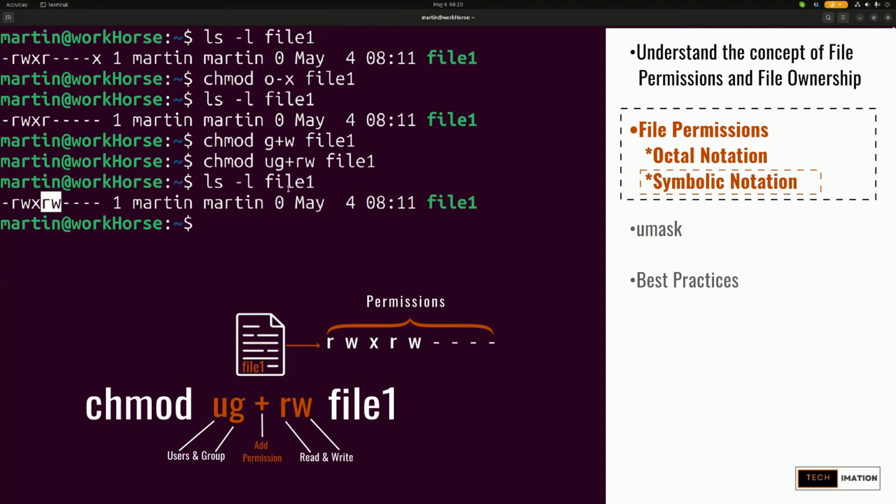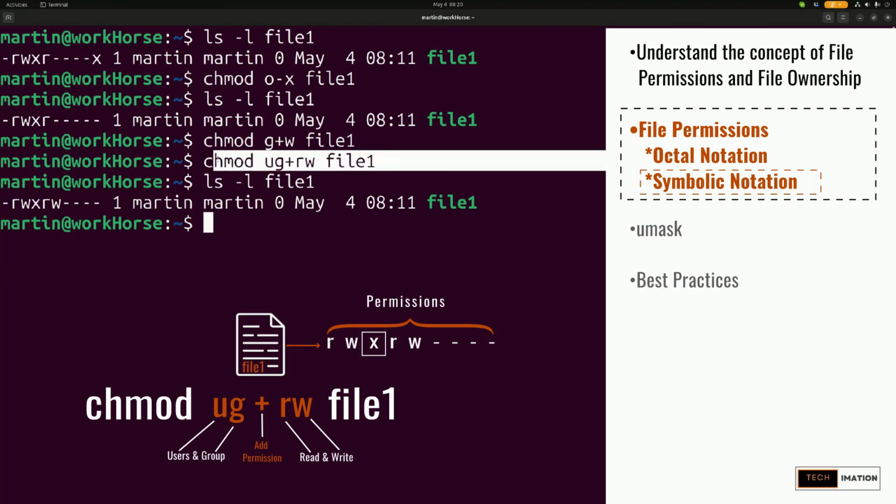However, you may notice that the X that was here was not added by this command. We did not determine the X. Right? This X was added by the previous command. So in other words, this command to give the user and group the read and write permissions did not change previously listed permissions.